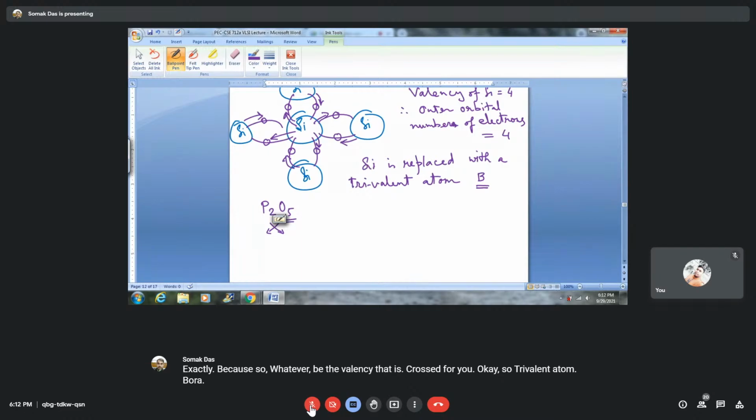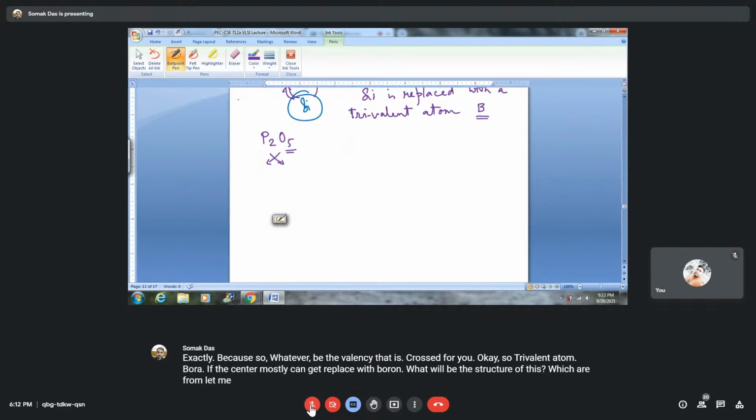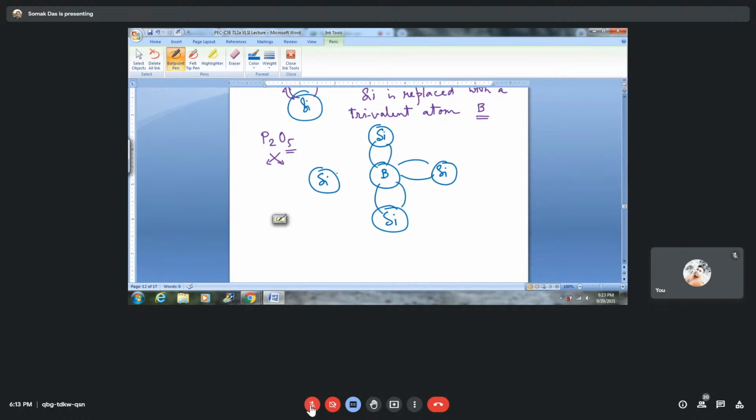If the centermost silicon gets replaced with boron, what will be the structure of this crystal which I have drawn? Let me redraw it. Boron, and the rest of the four are silicon. Each of these neighboring silicons provided an electron.